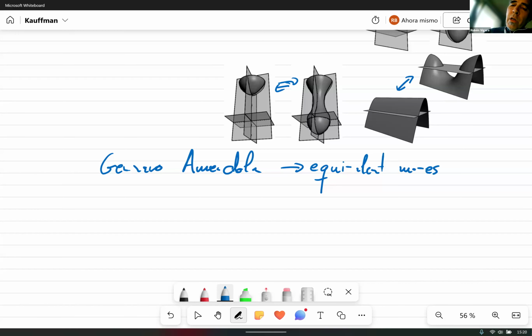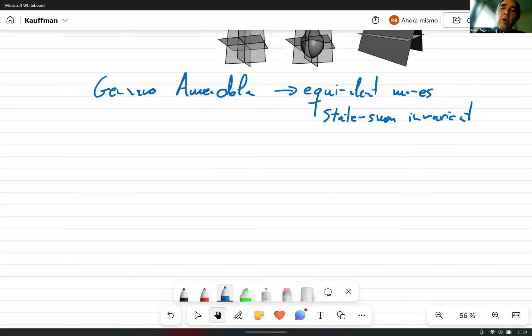And using this set of moves, he introduces a state sum invariant for three-manifolds from null homotopic filling Dehn spheres. More results.